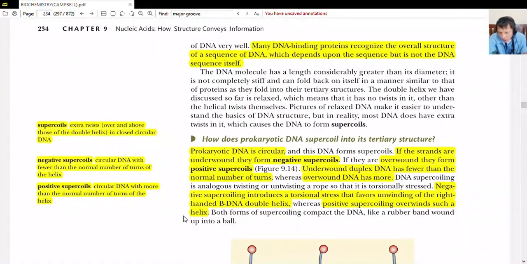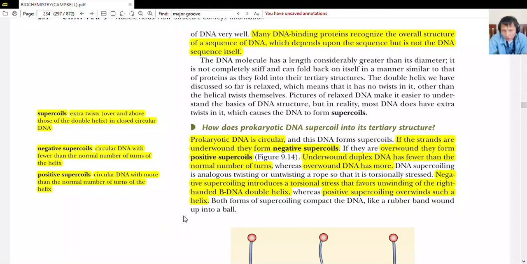And then you have those terms, supercoils: a negative supercoil and a positive supercoil. Supercoils are an extra twist over and above those of a double helix in closed circular DNA. When we consider a DNA, there's the lowest energy, meaning it is stable, because if you have no stress, it will resort to that state.